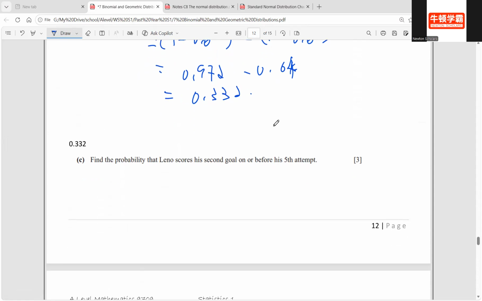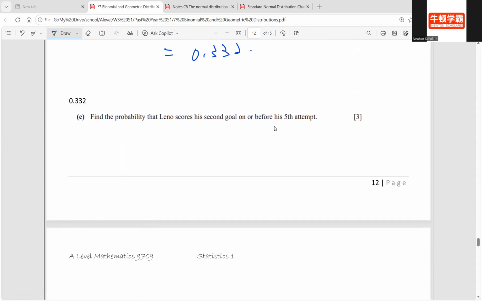Okay, next one. He said he needs the second goal on the fifth attempt or before. Meaning I can have 2 attempts, the second time is the second goal, so in front you have the first time.